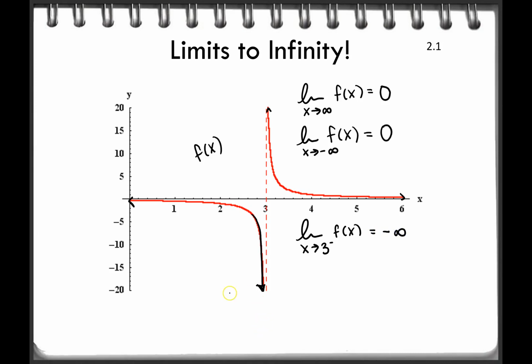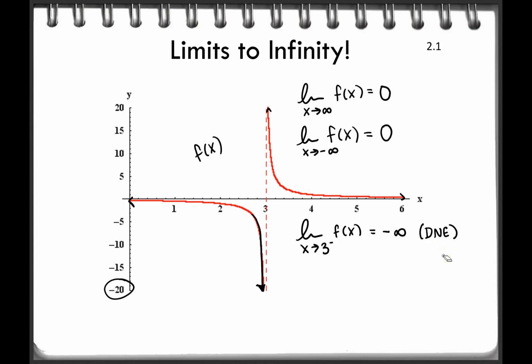These y values, at this point it's negative 20, but as we keep going closer to 3, we're going to be way down here. Our y value is going to be way negative. And oftentimes some people will put in parentheses does not exist if your answer is actually equal to an infinity or a negative infinity. I'd like to get in the habit of just answering it like this, but do know that a college professor might want you to say that.